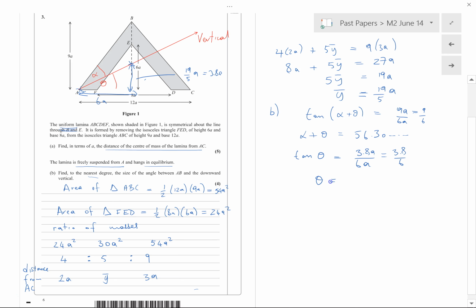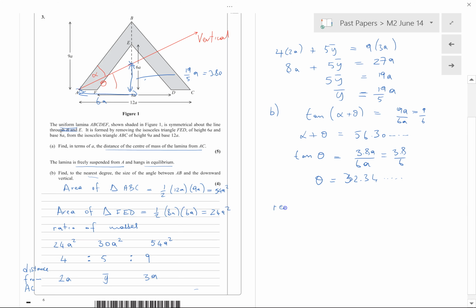So that gives us theta is the inverse tan of that, which is 32.34 and a whole lot of other stuff, because I don't want to have rounding inaccuracies, so I've stored them in my calculator.